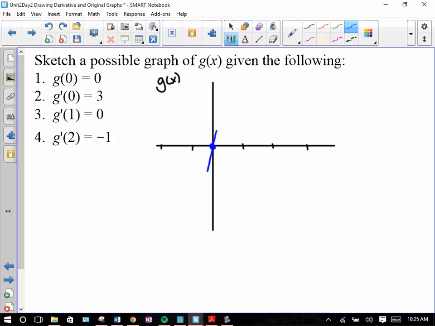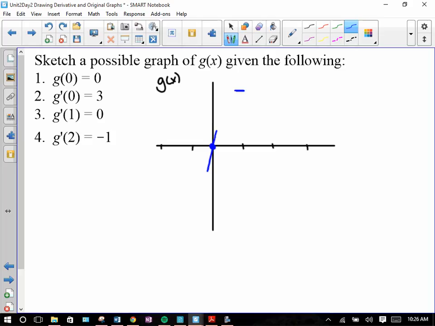At x equals 1, it's telling me that the slope is 0. So that's telling me that I'm going to have a maximum or minimum there, because g prime of 1 is equal to 0.